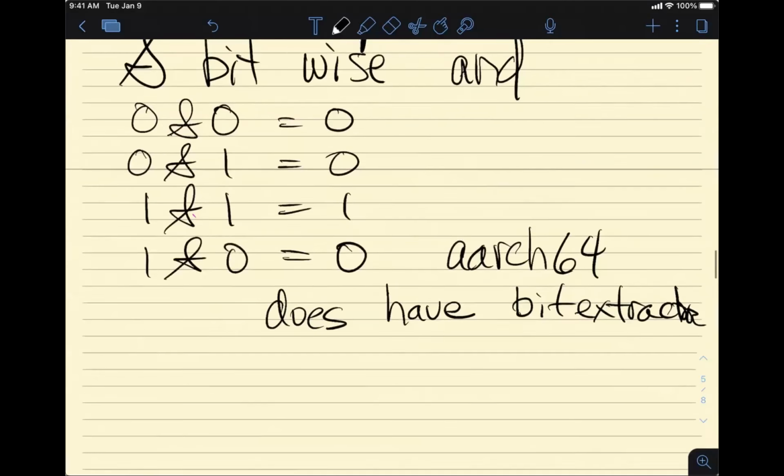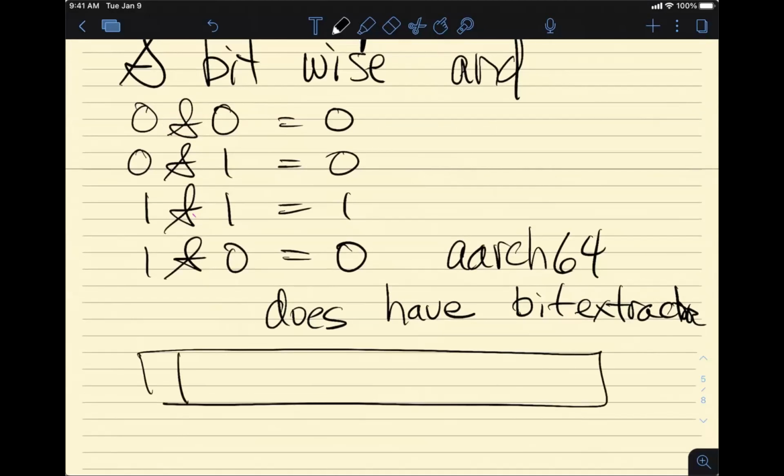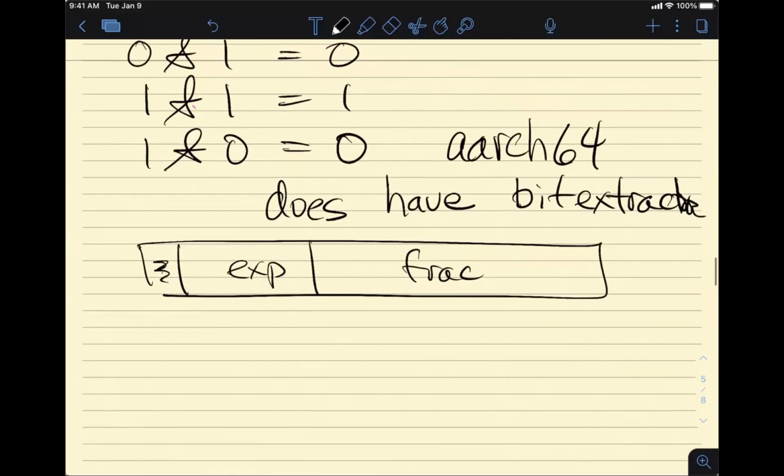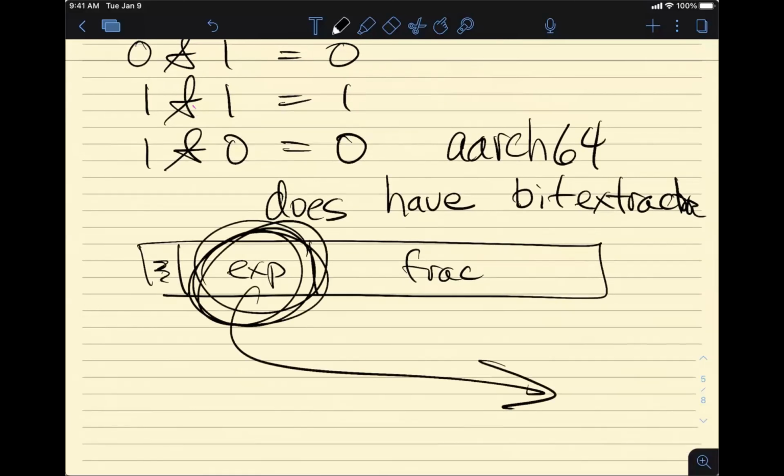If what I wanted to do was, here's the sign bit, here's the exponent, and here's the fraction, I could either do it the way I just did, which would be a couple of instructions, or the AArch64 instruction set does have an instruction that says, take these bits and only those bits and put them in a register. So that would be done without the shifting. Actually, it might even do the shifting internally, who knows? That seems way easier. Yeah.